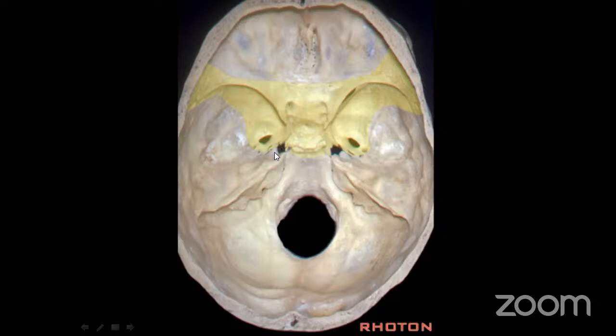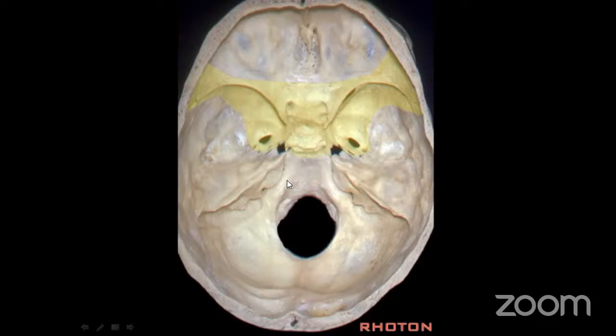So this is the opening of the carotid canal. The carotid canal from the skull base opens into the lateral wall of the foramen lacerum, and the internal carotid artery, once it enters, actually traverses the foramen lacerum to lie in this portion. So this would be the region of the cavernous sinus.